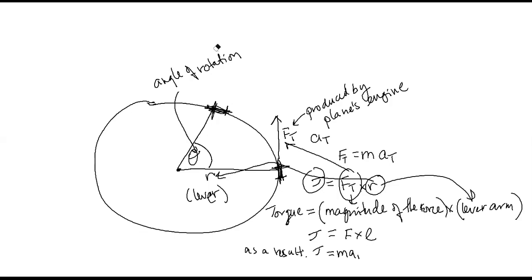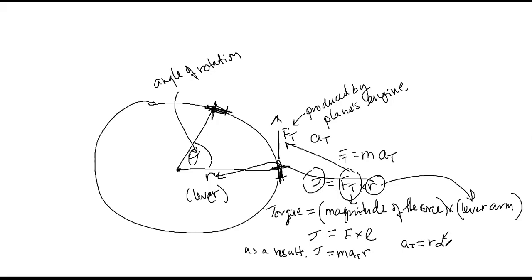We're trying to explain everything in terms of what we have in front of us: m a sub t times R. What's important here is that tangential acceleration is equal to R times alpha.